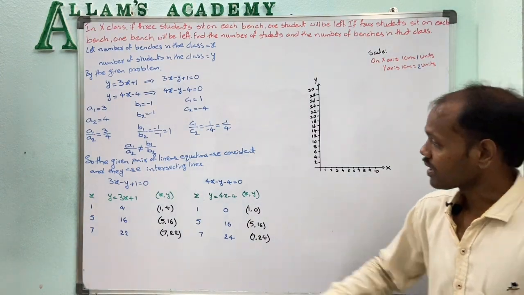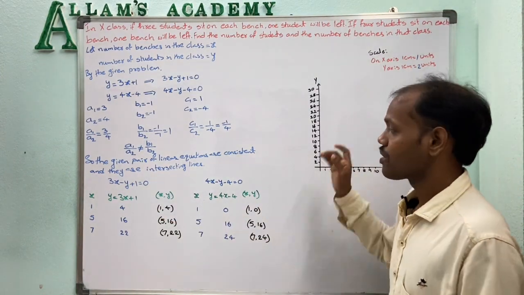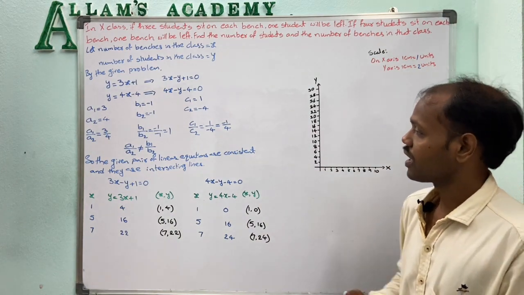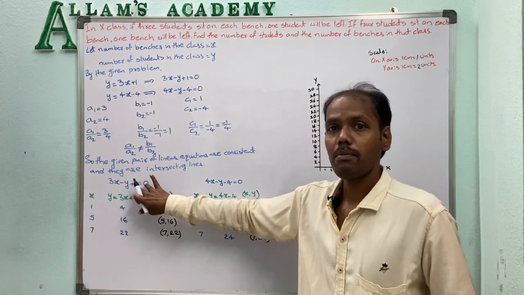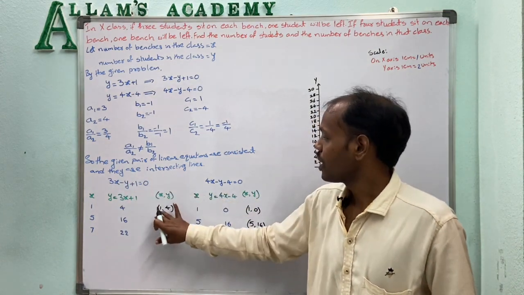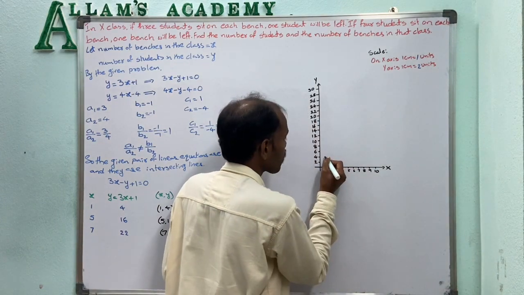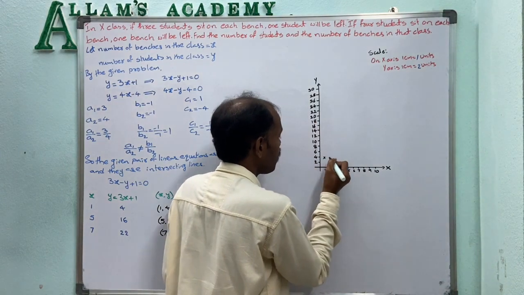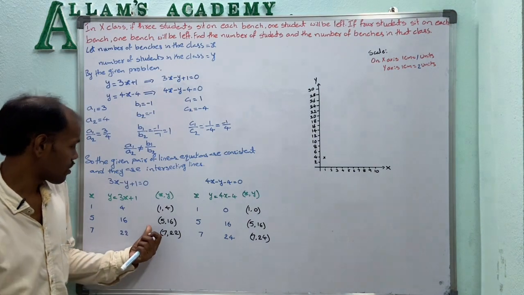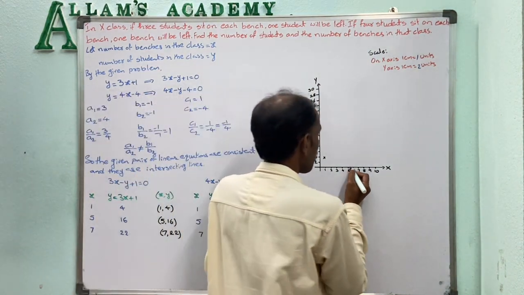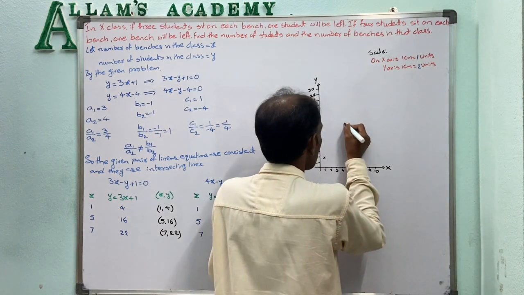Now the given points are substituted here. For the first equation, 3x minus y plus 1 equal to 0, if the x coordinate is 1, its corresponding y coordinate is 4, so (1, 4), and if x coordinate is 5, the corresponding y coordinate is 16, so (5, 16).